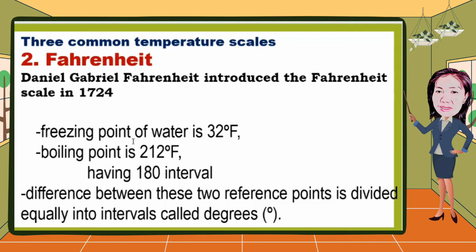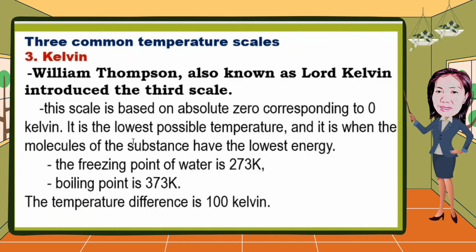So what is the interval? If we subtract the boiling point, 212, minus the freezing point, 32, you will have an interval of 180. Again, the difference between these two reference points is divided equally into intervals called degrees.